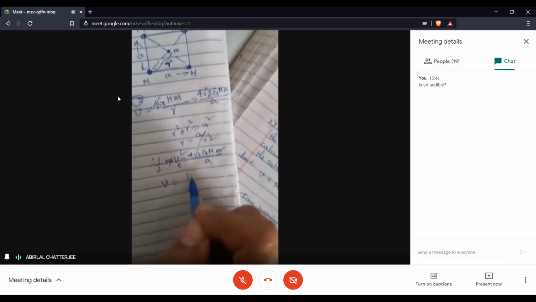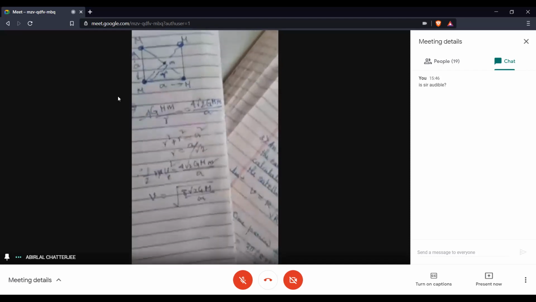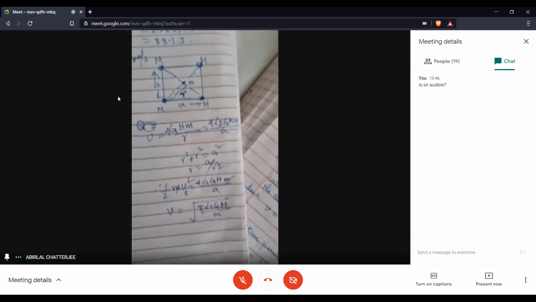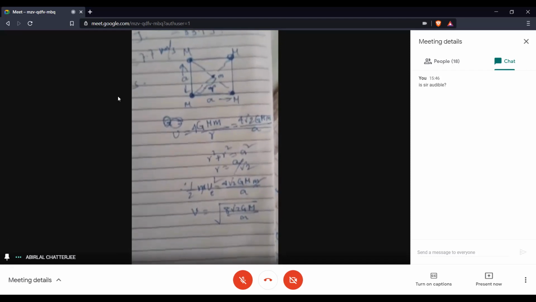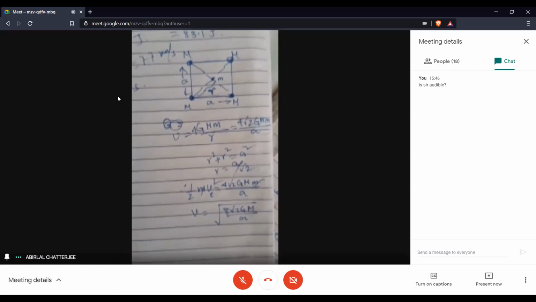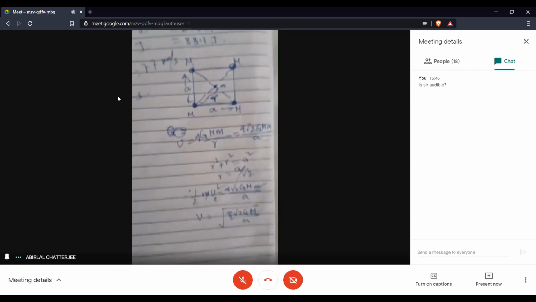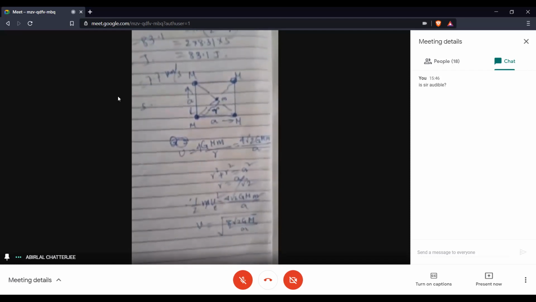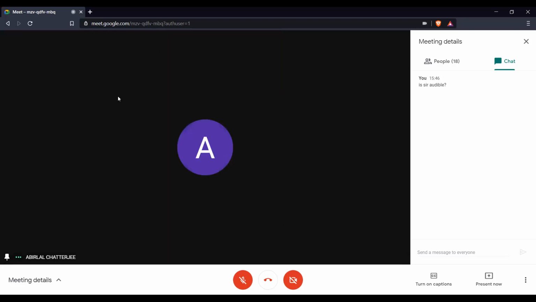So v equals under root of 8 root 2 capital G, capital M by A. Any problem? So this is the expression for escape velocity.